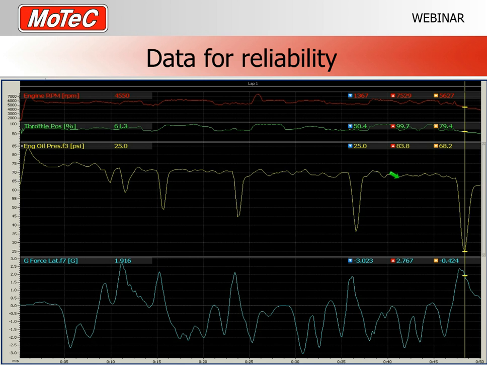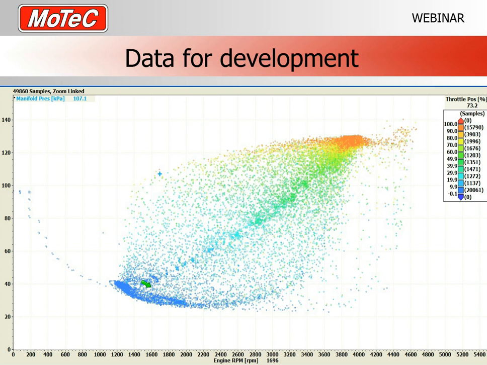And you can see the big dips in oil pressure also correlate to a particular G movement, and this just happens to be left-hand corners. So every time there's a left-hand corner, we can see by looking at the data that there's a problem with the oil pressure. Oil pressure low, left-hand corner. Oil pressure really low, big left-hand corner. So this way we're using data to look at other things other than tuning, like making the engine live, or in this case, advising the engineers to build a new sump for this particular setup, because the sump's obviously not doing the job.